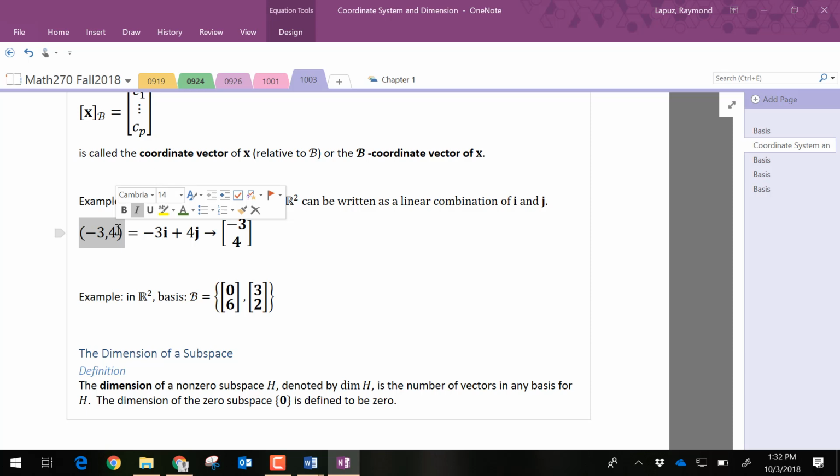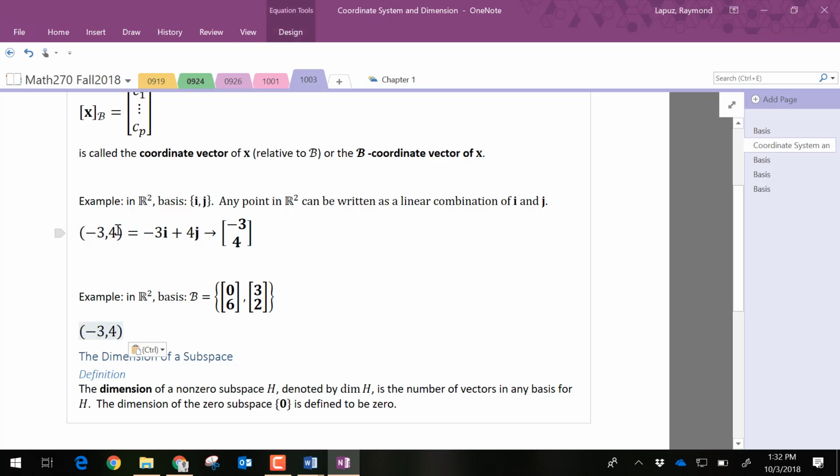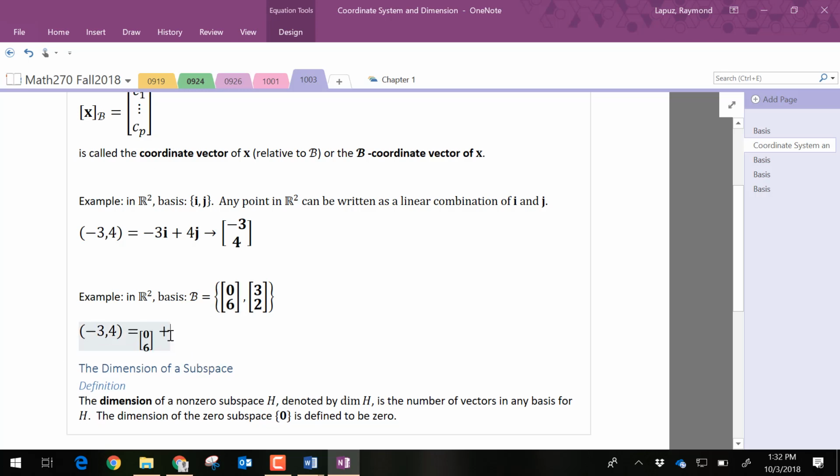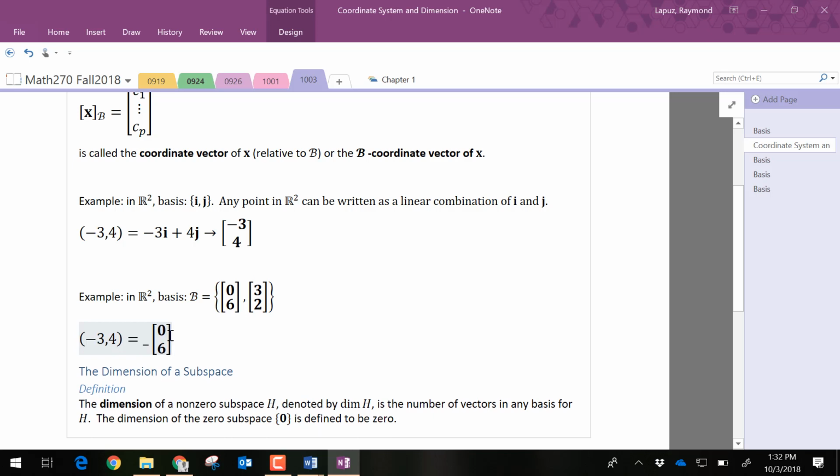So let's take the example that we got. Can we write this as something times our first vector plus, I'll just say C1 times this vector plus C2 times this vector?